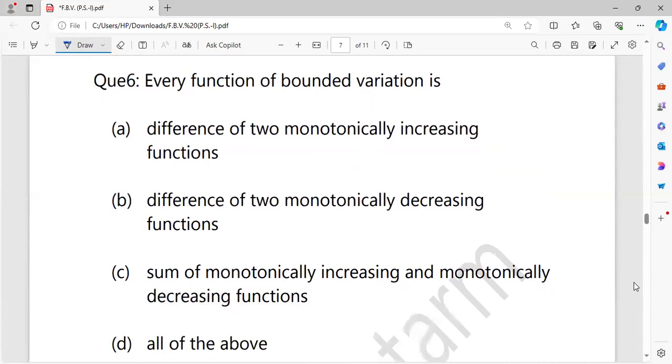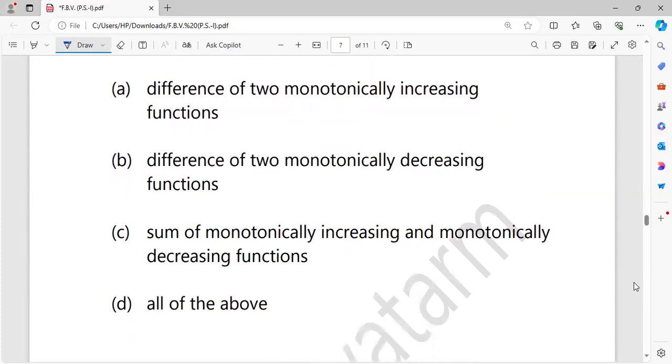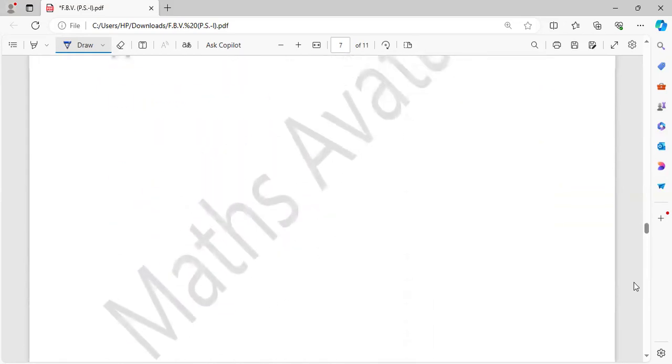Question number 6. Every function of bounded variation is difference of two monotonically increasing functions. Difference of two monotonically decreasing functions, sum of monotonically increasing functions and monotonically decreasing functions. So let's see.